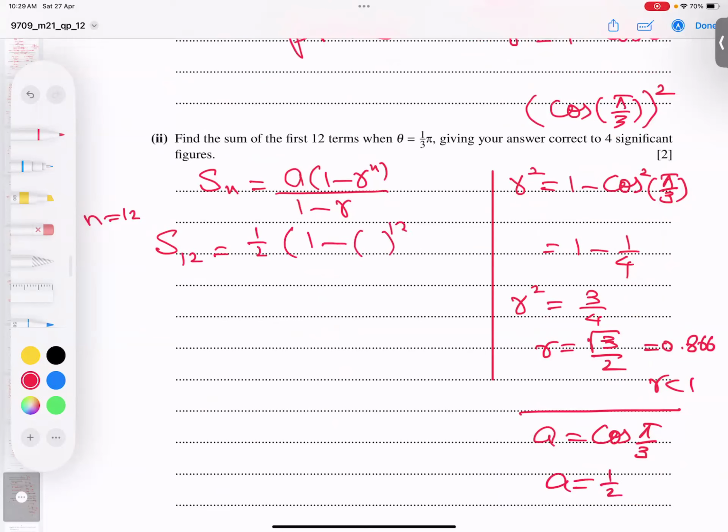In here I'm writing root 3 by 2 and 1 minus root 3 by 2. And let's try to type this in the calculator. I check 0.5 into 1 minus bracket open root 3 divided by 2 close bracket power 12.